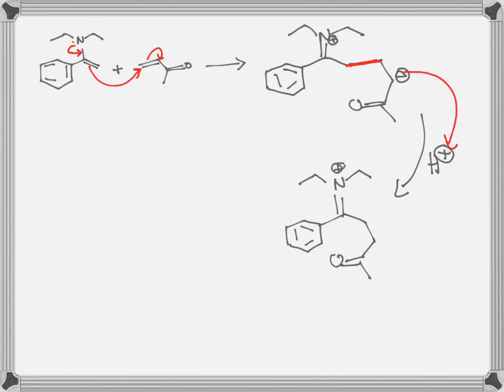The hydrolysis of the iminium ion is going to take 5 steps. I'm not sure I have enough space for it here, so I will redraw the iminium ion at the top of the screen and start over.